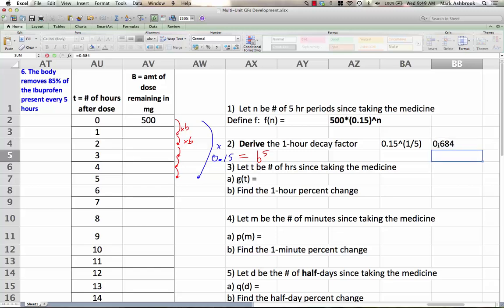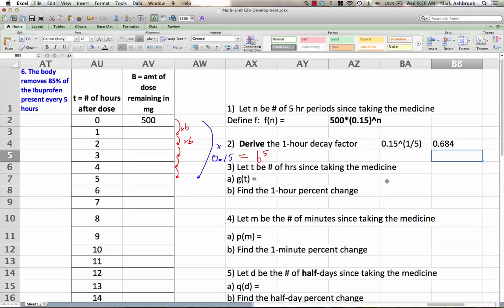Percent change per hour. 68.4% change per hour. No, negative 31.6. Negative 31.6, right? 0.684 is how much you keep every hour. Decay factor is the portion that remains. So the change is negative 31.6.